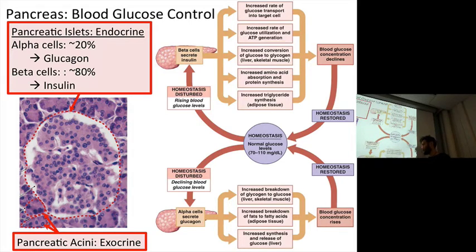And then again, the breakdown of fatty acids, and then the synthesis and release of glucose that will happen in the liver. We call that gluconeogenesis, the production of new glucose. Production, genesis, new glucose.